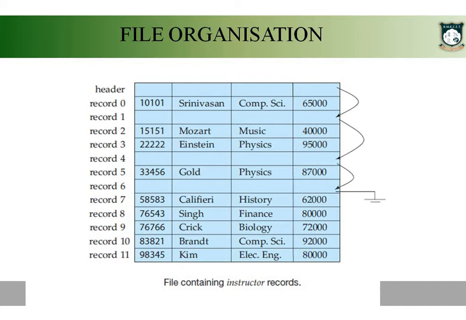So all the free spaces, or in our context, all the removed records' spaces, will be maintained as a list. And whenever we want to insert some record, we can take a space from this list and store that record in that space.